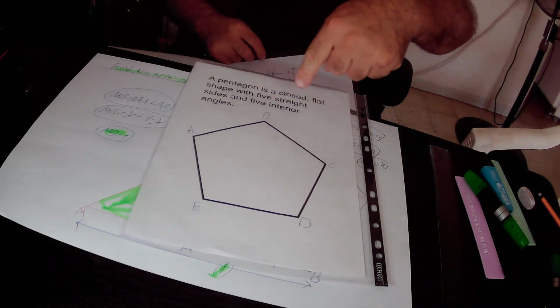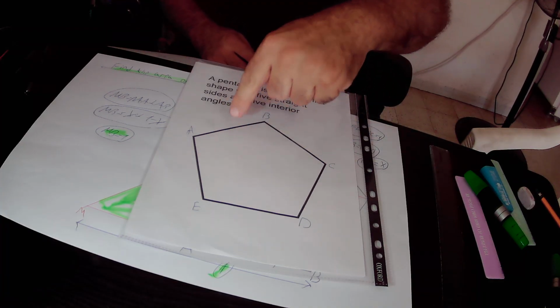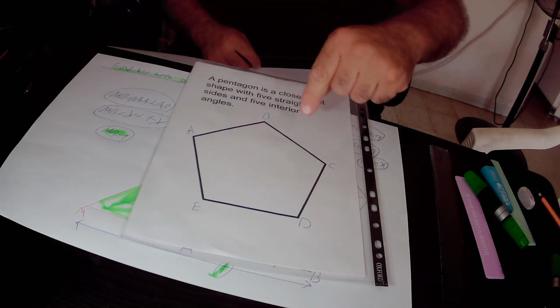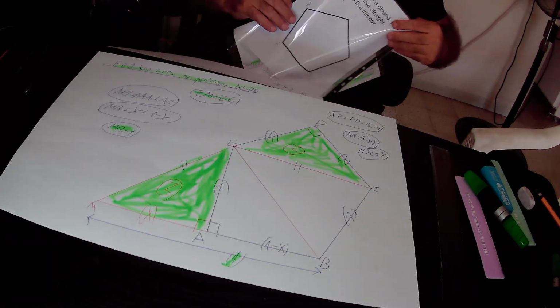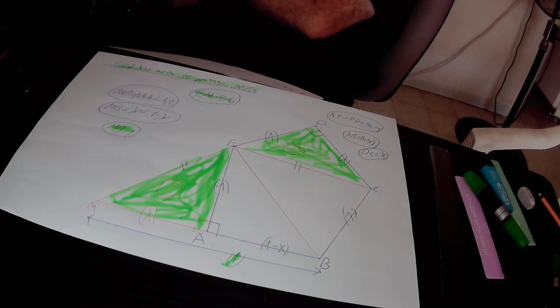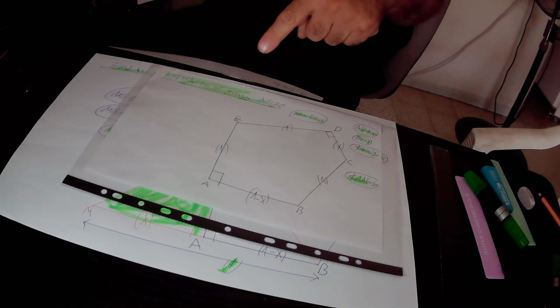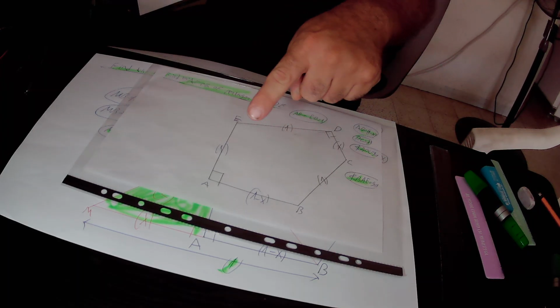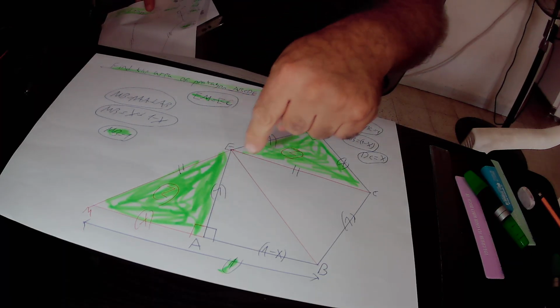This is a pentagon ABCDE. It has 5 straight sides, 1, 2, 3, 4, 5, and 5 interior angles, 1, 2, 3, 4, 5. And again, our task is to find out the area of this big pentagon ABCDE.